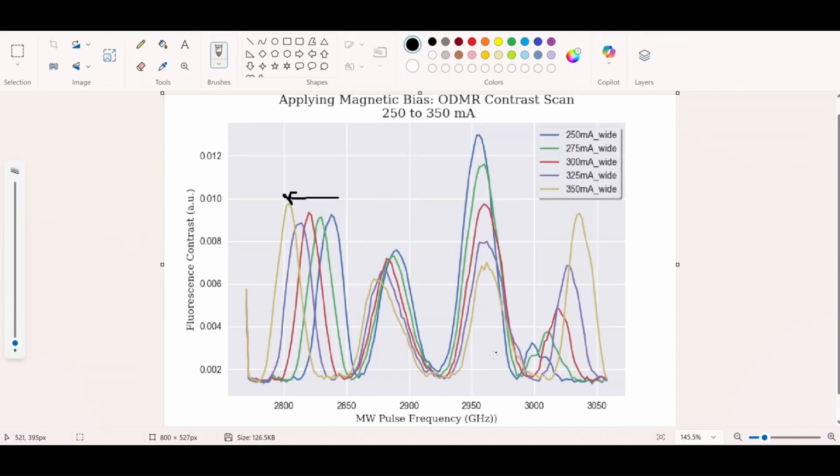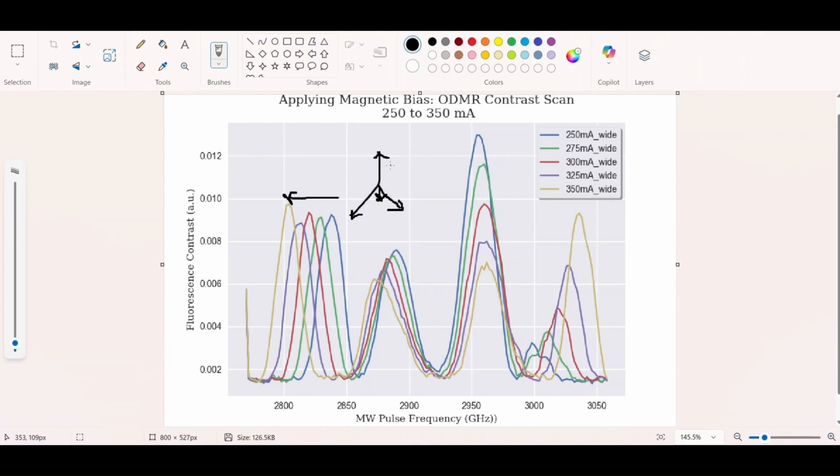The weird thing is these 2 extra peaks in the middle. What you're seeing here is that the NV centers tend to have a preferred direction, because if you remember the shape of carbon bonds inside a diamond, they have this tetrahedral shape. I'm drawing the last one kind of weird.